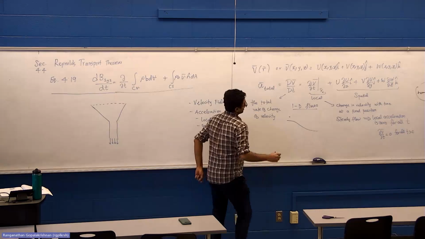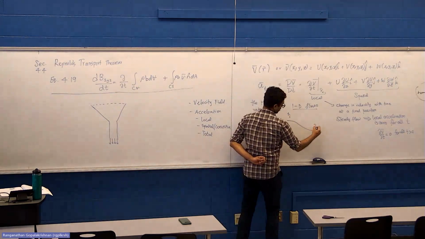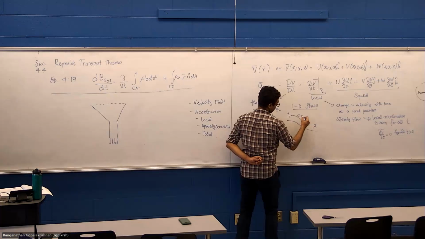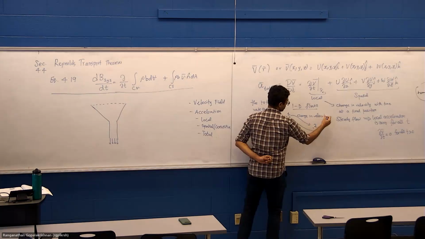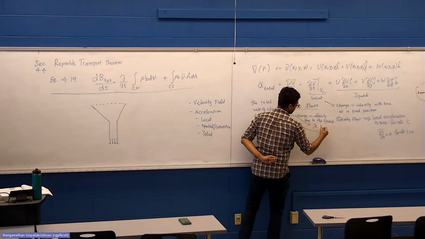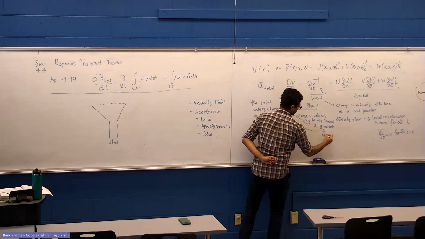Okay? And then as you go from, let's say, point 1 to point 2, there is a change in velocity due to the spatial gradient of velocity.